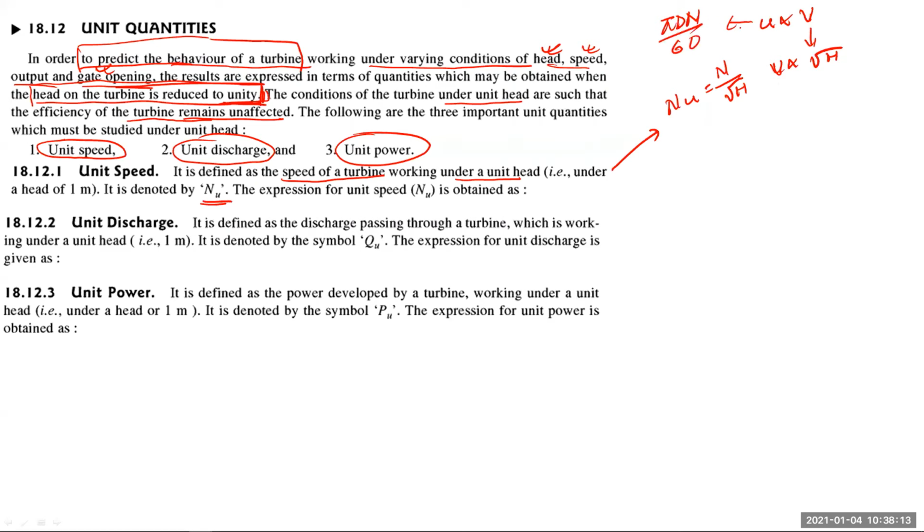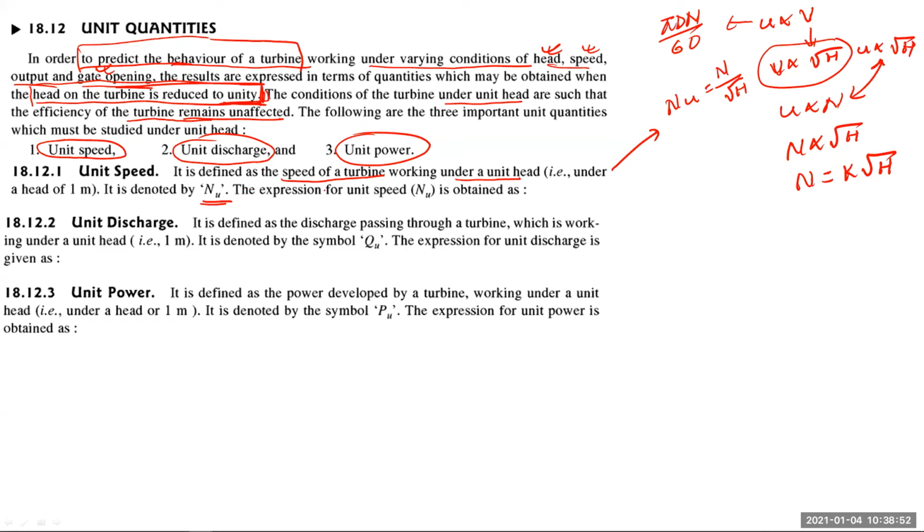So from here, U is directly proportional to N. And from these relations, we can write U is directly proportional to root under H. Now from these two equations, we can say N is directly proportional to root under H. If you want to remove this proportionality sign, you have to write N equals K into root under H. Now go to the definition.